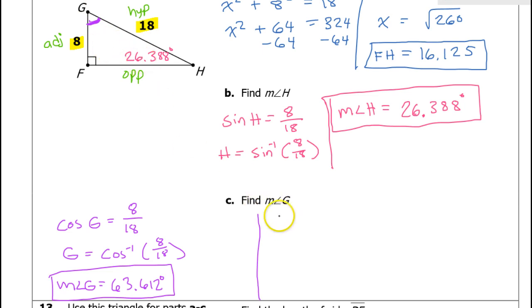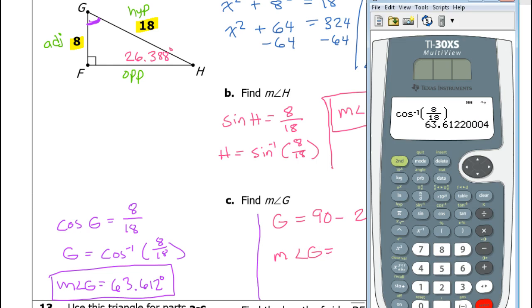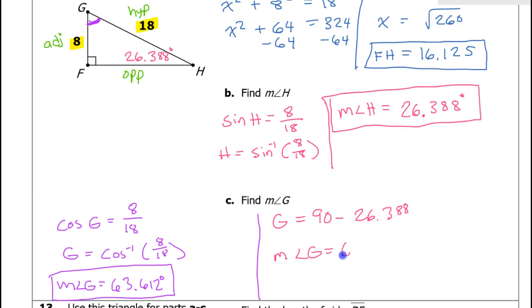So the measure of angle G should equal 90 minus 26.388. Oh, look at that, 63.612. So either way, you're going to get the same answer.